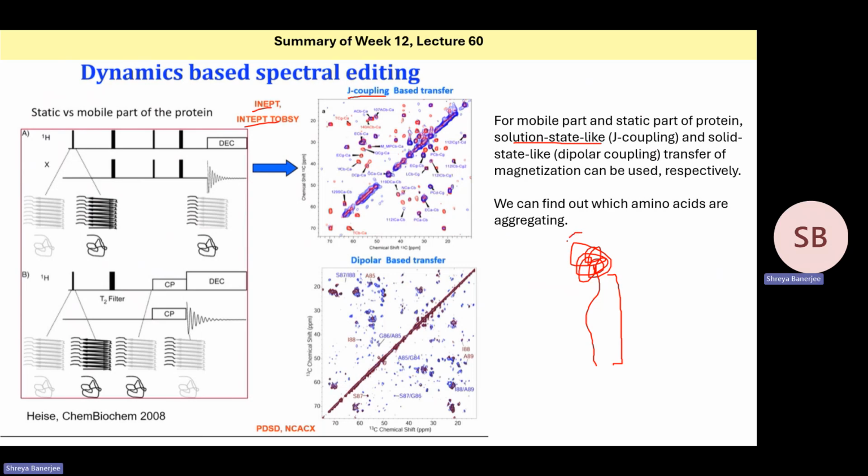And for this part of the protein, which is a static solid-like part of the protein, you can do PDSD experiments or NCACX experiment, and it will tell you which are the amino acids involved in the solid part of the protein, where magnetization is transferred using dipolar coupling. So we won't go into details of that, but you can just remember that you can do these two kinds of experiments to find out which regions of the proteins are flexible and which are static.